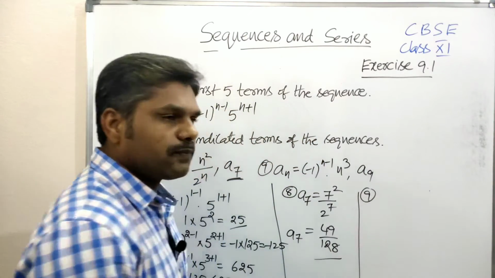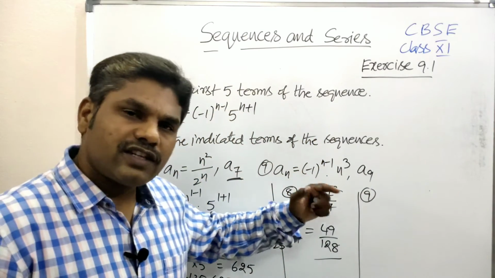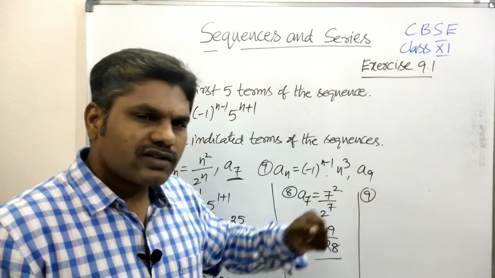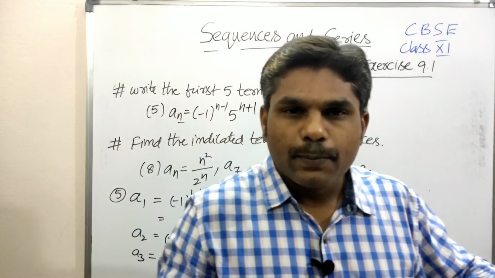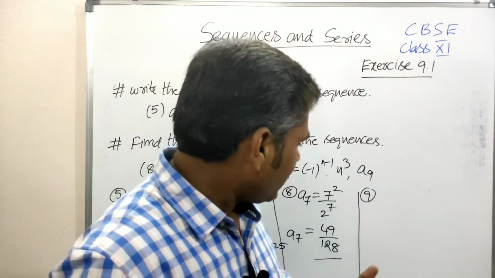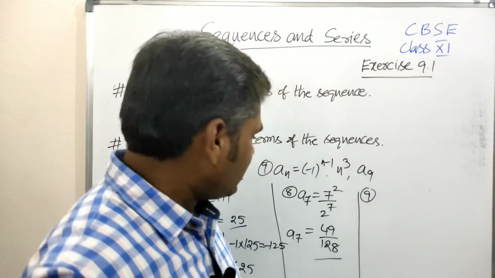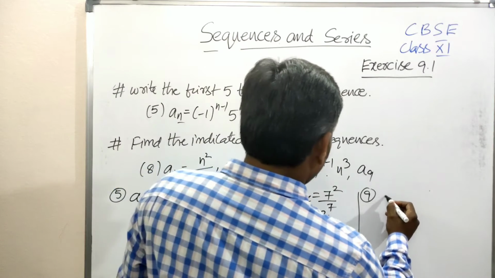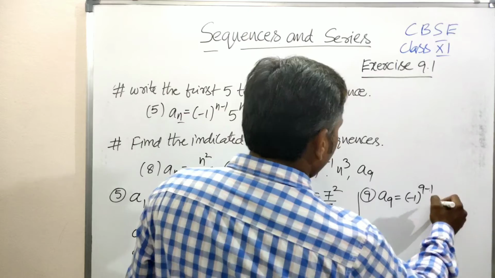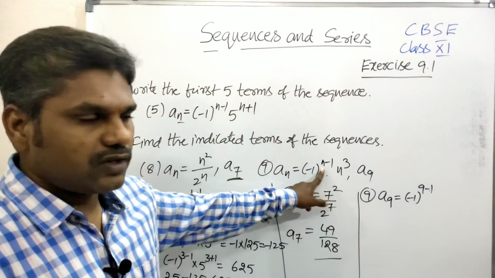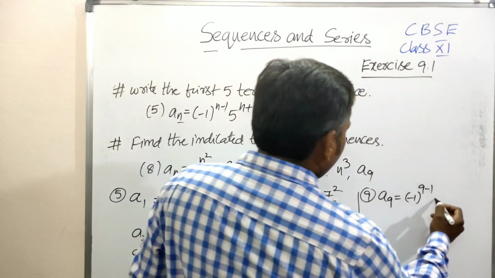The ninth is also the same. They have given the nth term of the sequence, and now they are asking for the ninth term. Similarly, you have to replace n = 9 in the nth term, then you will get the ninth term. Therefore a9 is equals to (-1)^(n-1) × n^3.